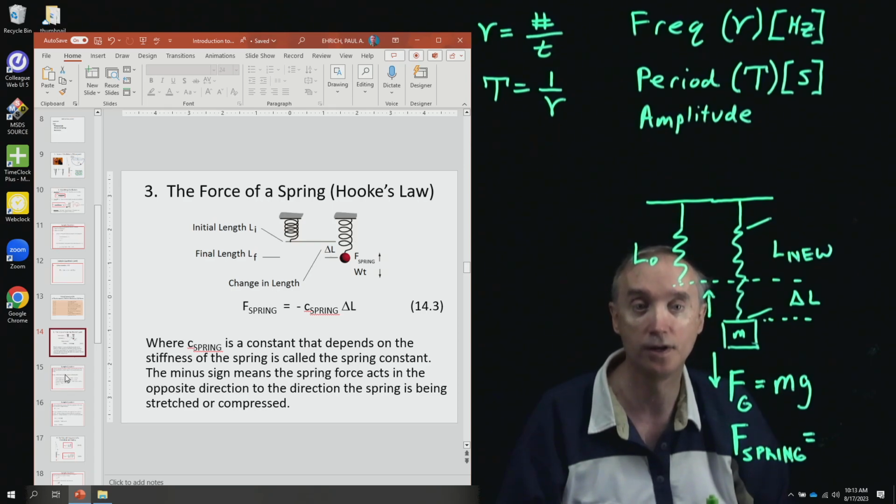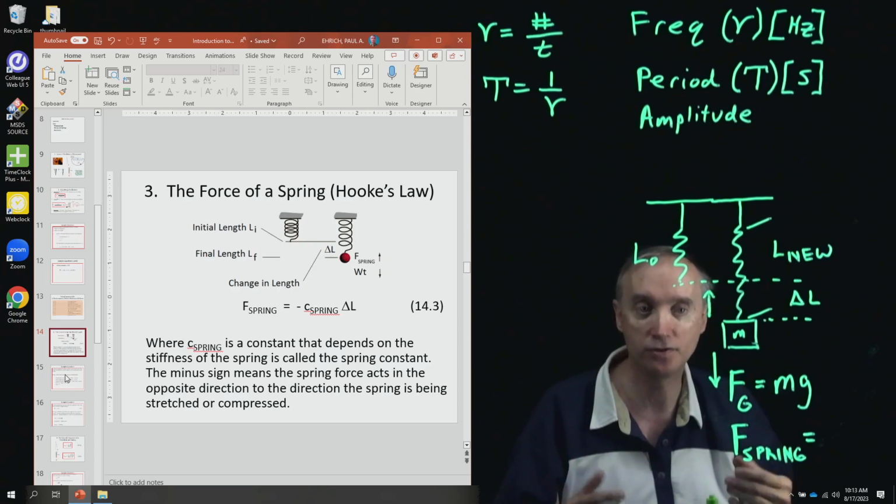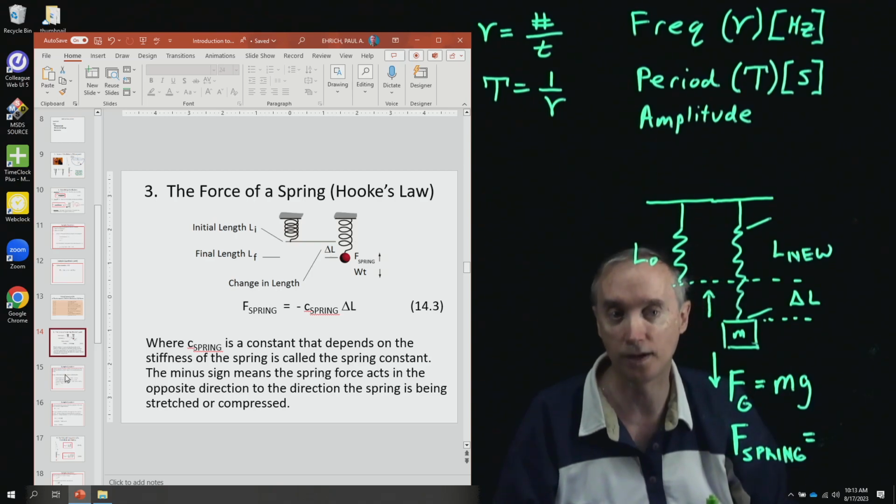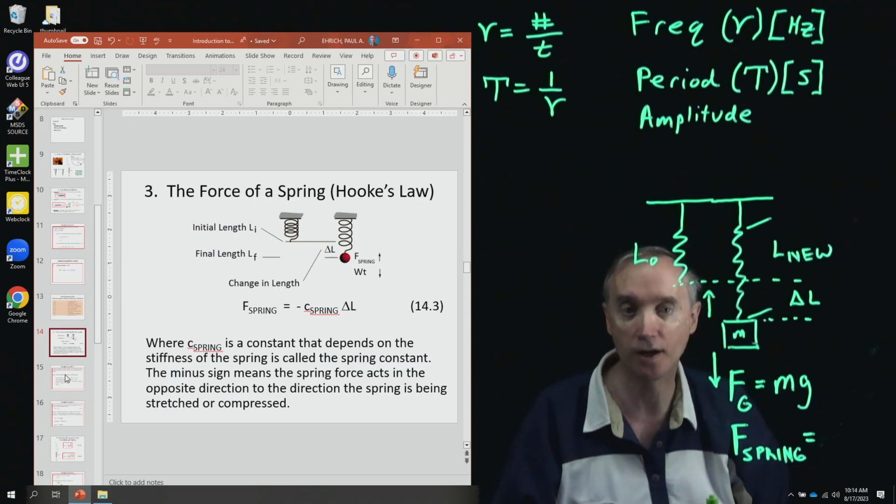A rubber band would have a very small spring constant, and a shock absorber would have a very large spring constant. This is something that's going to be given to you on the exam. I will tell you what the spring constant is for that particular system.